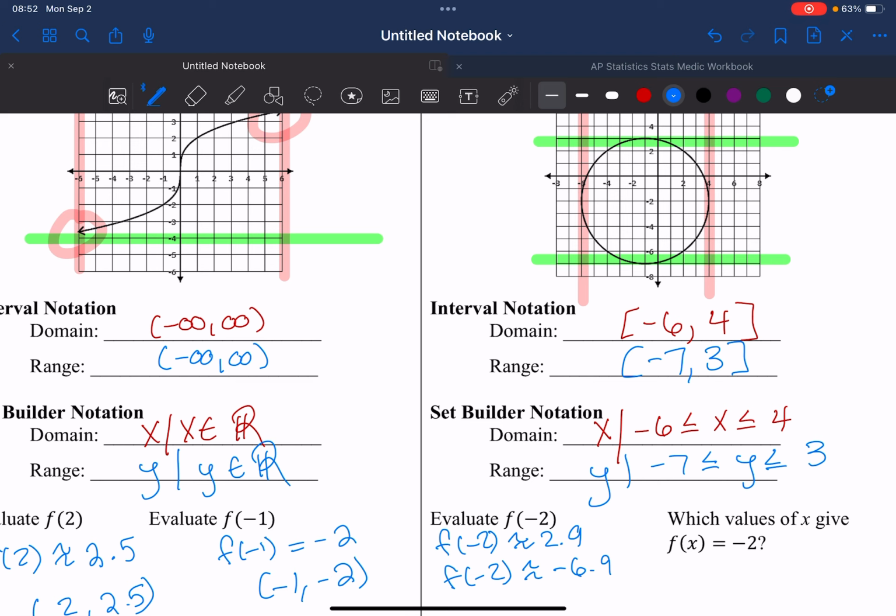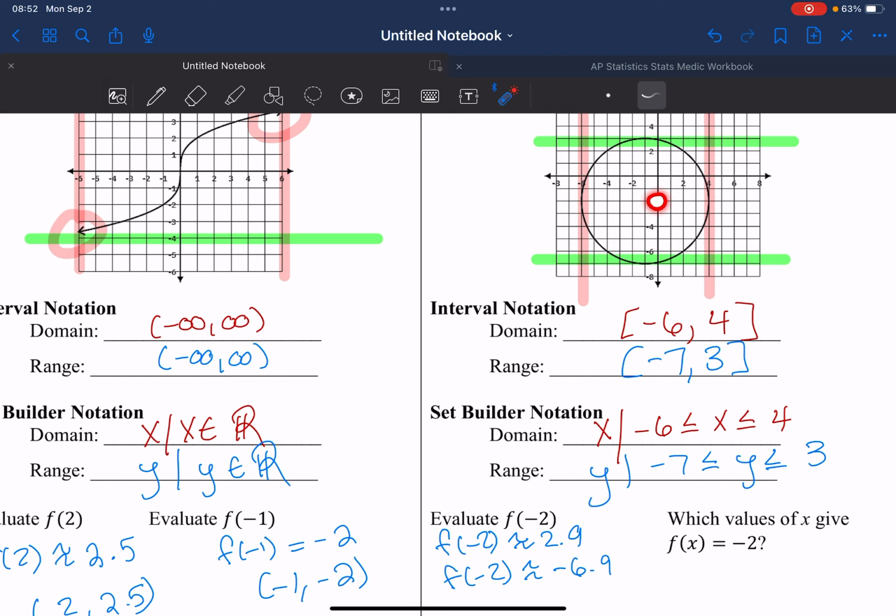Okay, so again, if I was to change those to points, they would be approximate points because we don't know the exact values there. Now we have to find which values of x give f of x equal to -2. So this is the first time here that we are not finding that number on the x's. We are now finding that number on the y's.